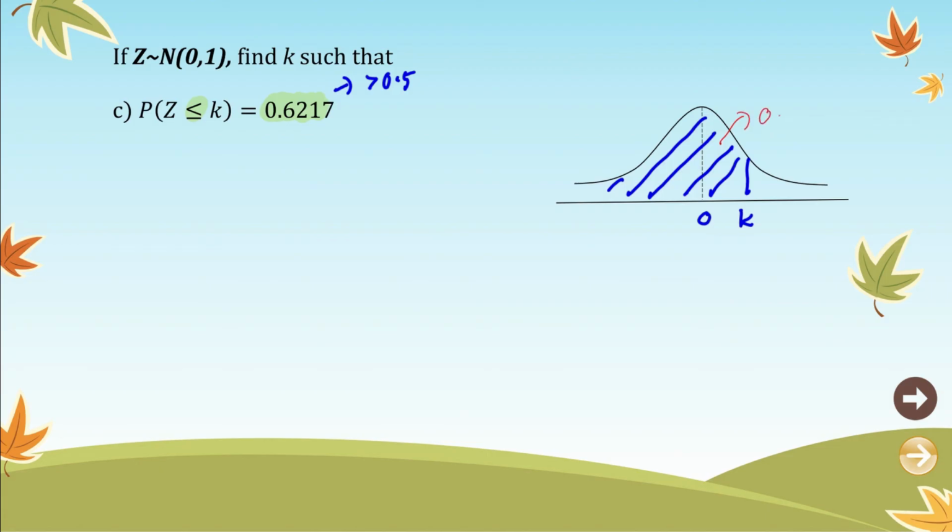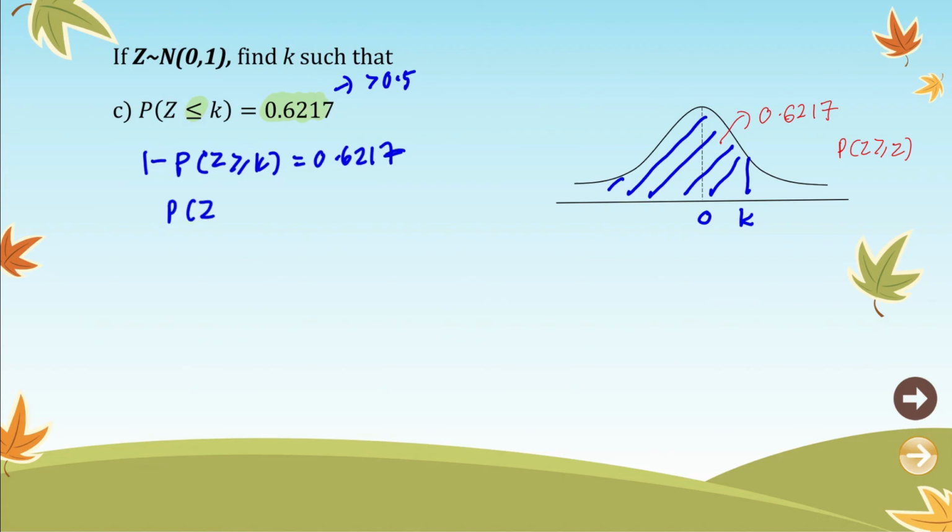And this is the area that will give us the value of 0.6217. Because our table is Pz greater than equals to Z, we will get the value by using 1 minus Pz greater than equals to K equals to 0.6217.